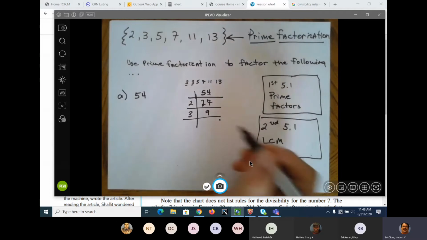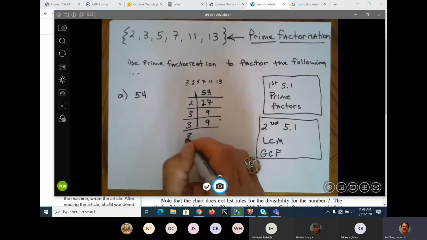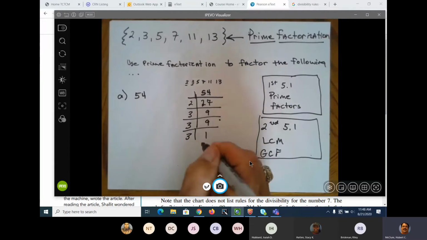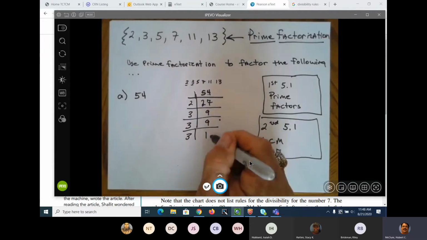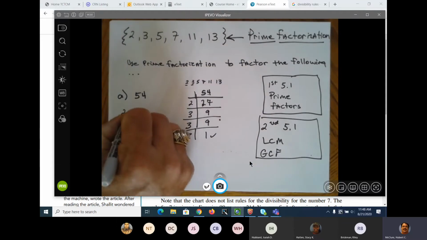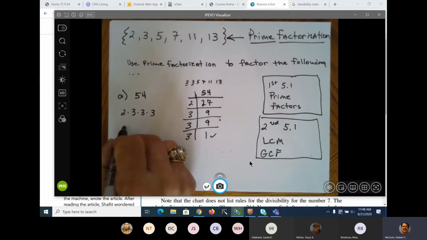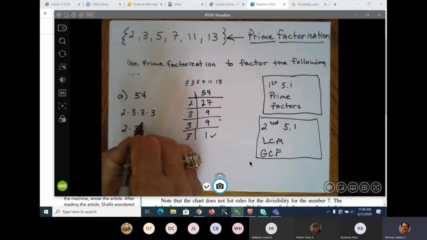And what will go into 9? 3 and 3. And you're done because you got a number 1 right there. And the prime factorization for 54 is 2 times 3 times 3 times 3, or 2 times 3 to the 3rd power.